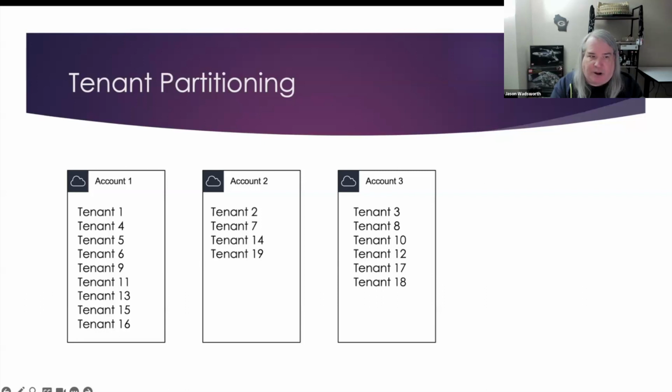The next one's going to go there, even though those other accounts have fewer customers in them. So you can start spreading things around a little bit more dynamically. Of course, this adds complexity to your system as well, right? So it's not something you want to necessarily do unless you need it, but there's a lot of cool things that can be done there. I'm actually working on some stuff to enable this. There's some other benefits you can get out of this as well. So something to definitely keep in mind.